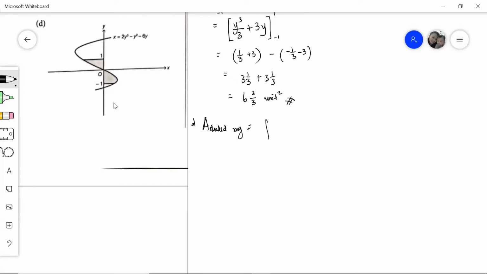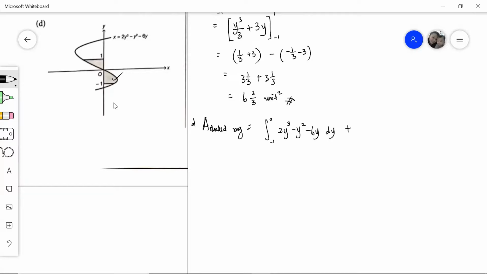We got to integrate this part from -1 to 0 of the curve with respect to y. Make sure the x is the subject, so we are integrating 2y cubed minus y squared minus 6y.